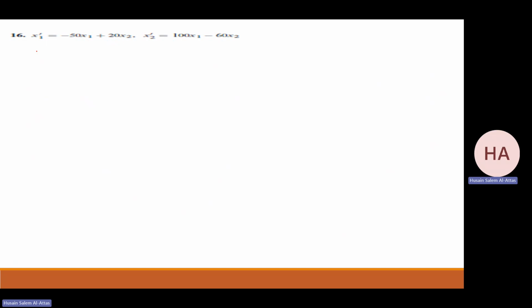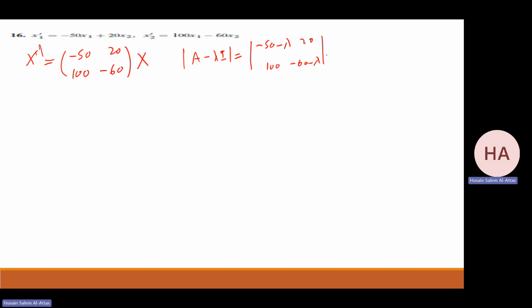Okay. I have x prime, same thing, I will let x equal x. That will be minus 50, 20, 100, minus 60 times x. So what will happen? I have A minus lambda I. That will be minus 50 minus lambda, 20, 100, minus 60 minus lambda.